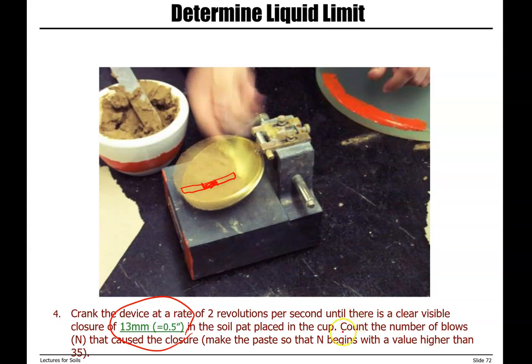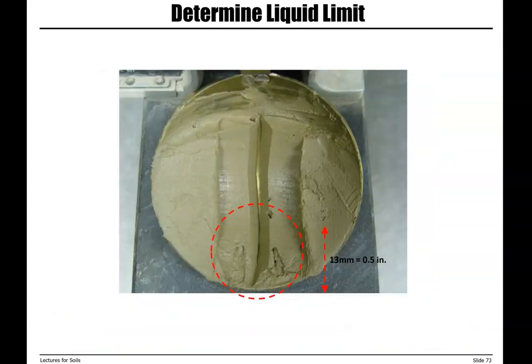So we count the number of blows or number of drops as n that is required to have a clear, visible closure of 13 millimeters. It helps if you start in a way that your first n value is above 35.